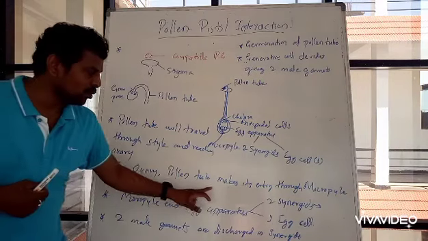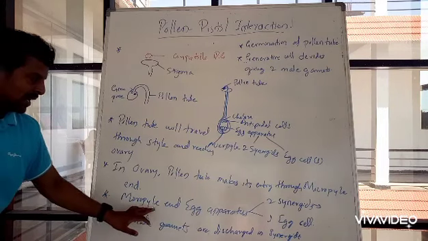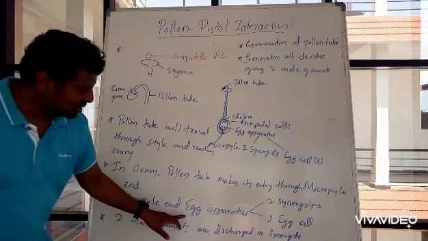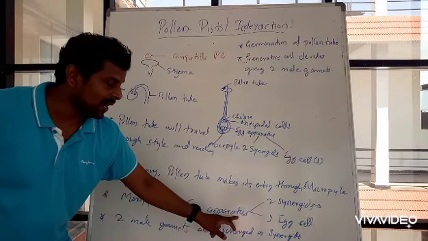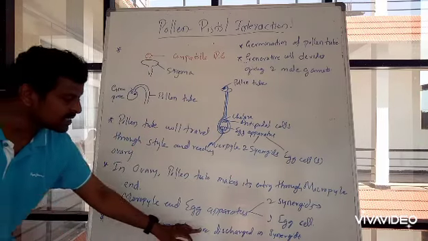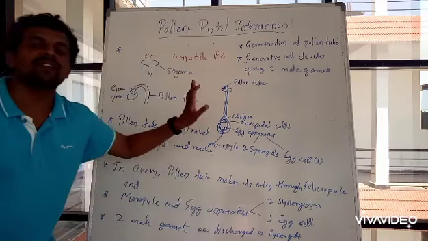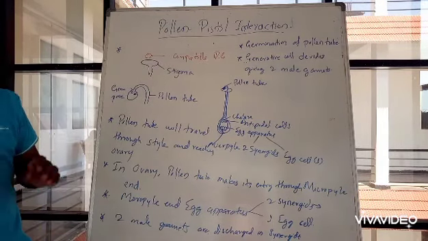Inside the ovary, the pollen tube makes its entry through the micropyle end into the egg apparatus. Inside the egg apparatus, it reaches the synergid cells. These are the different events which occur during pollen pistil interaction.